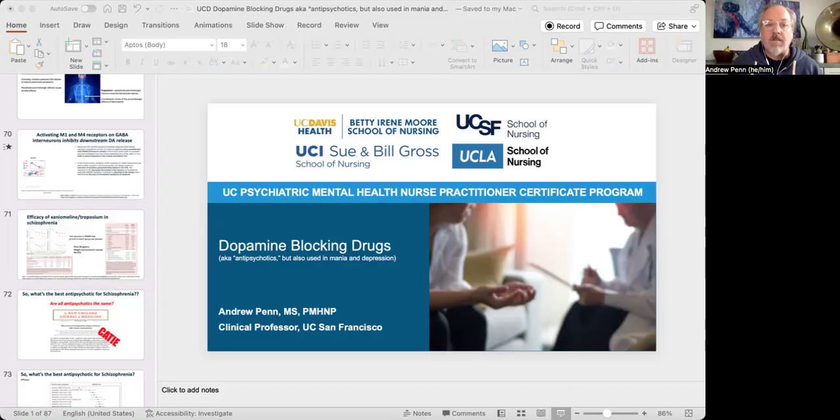Dopamine, as you recall, is synthesized from L-tyrosine, becomes dopa, then dopamine, and then goes on to break down to become norepinephrine and epinephrine. There are four pathways, which we'll talk about in more detail, but the one that is most relevant to psychosis, at least the positive symptoms, is the mesolimbic striatal pathway.